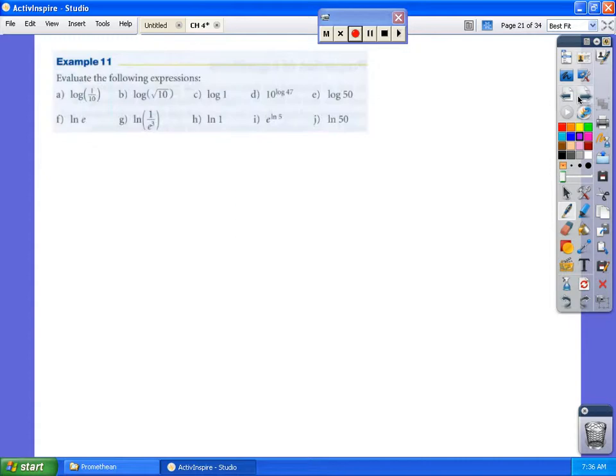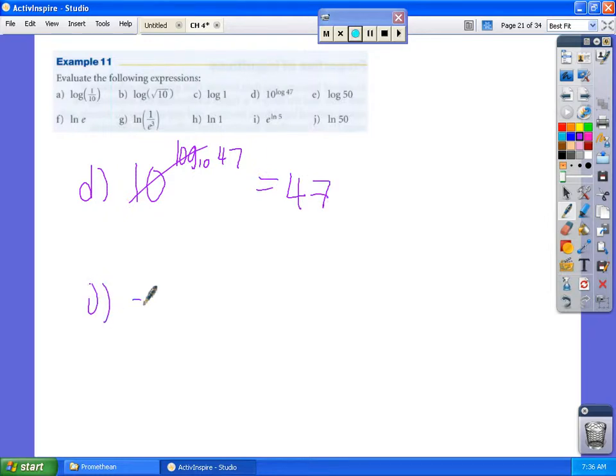All right. So let's use some of these properties. Some basic ones to look at would be anything we haven't necessarily done. Let's do part D, 10 to the log base 10 of 47, which is obviously 47. Letter I, making sure you understand that e to the ln of 5, where ln's base is little e, is 5.